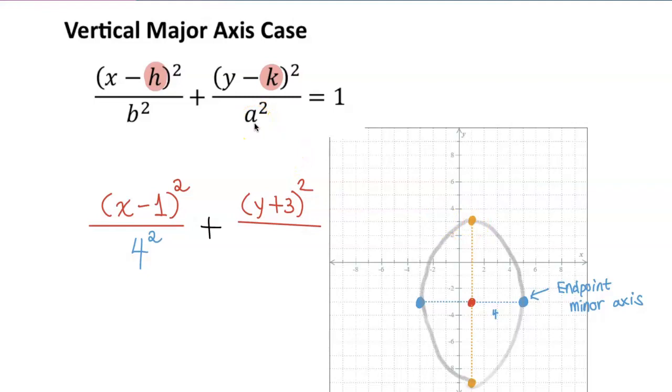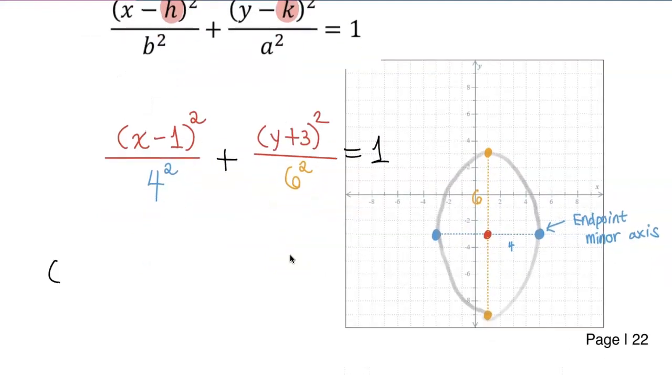So remember, we went up 6 and down 6 to plot the endpoints of the major axis. So the denominator will be 6 squared. And all that equals 1. So the answer is going to be (x - 1) squared over 16 plus (y + 3) squared over 36 equals 1.